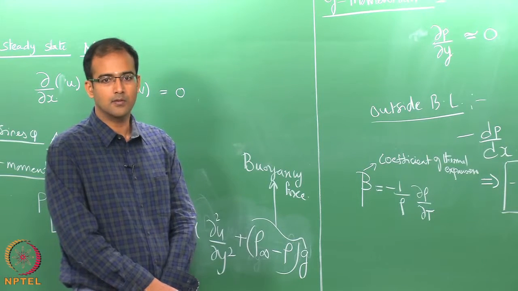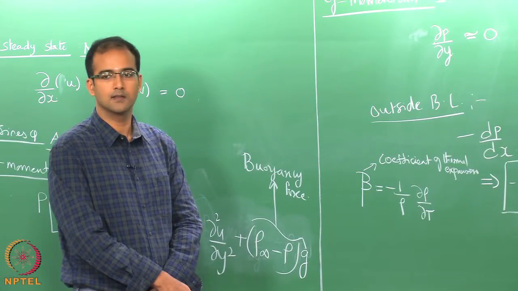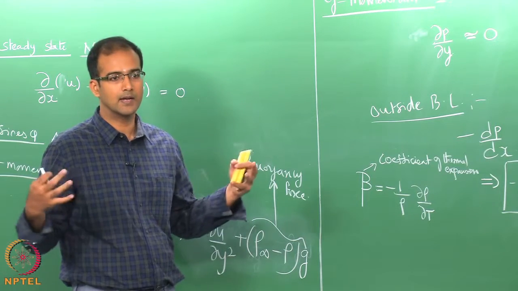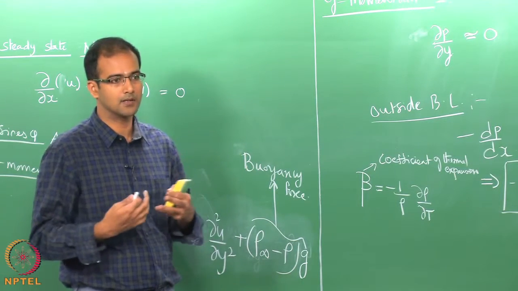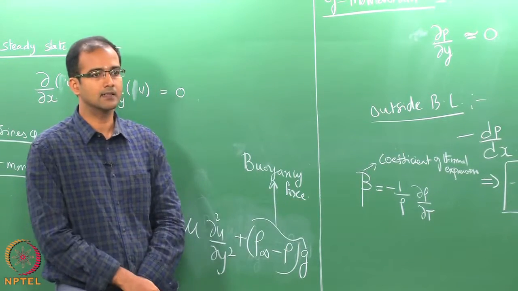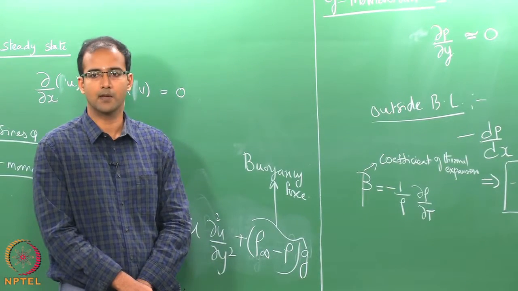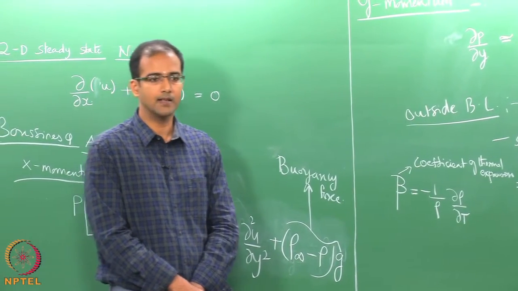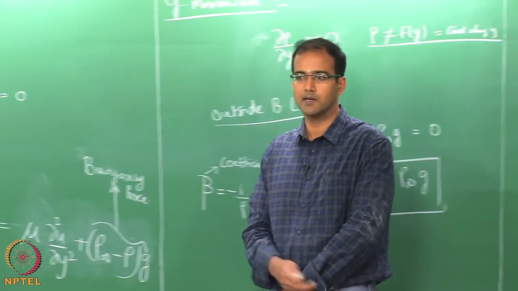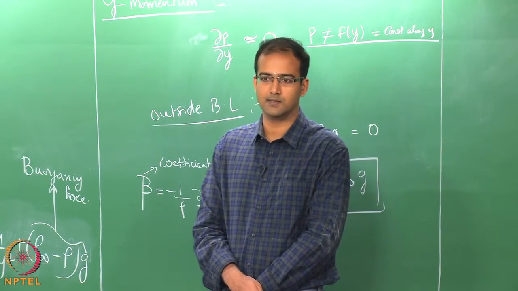If this coefficient is high, that means this fluid can expand or contract very strongly as a function of temperature. So, a higher value of beta indicates that the potential for this density difference can be higher. These are usually measured as part of the thermophysical properties, just like thermal conductivity, specific heat capacity and so on, and they are tabulated for different gases.